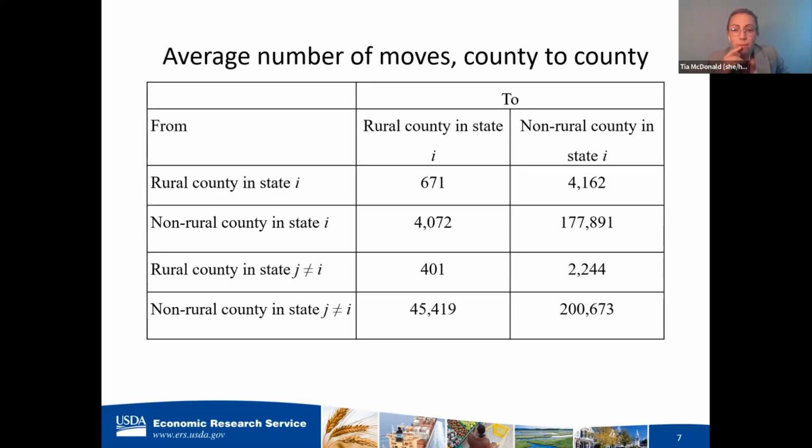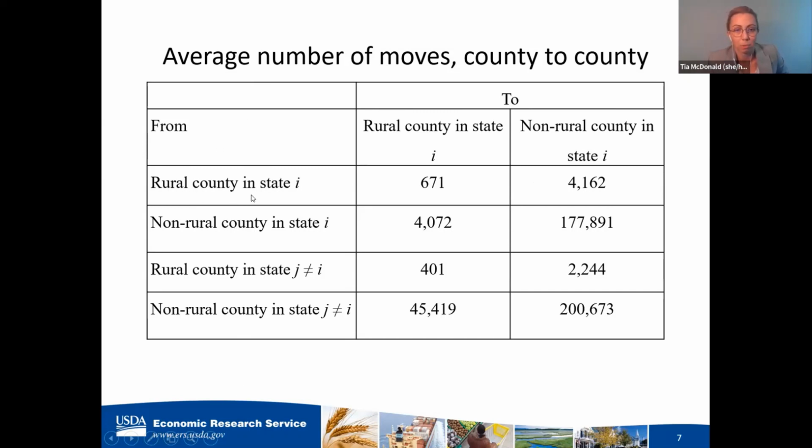Just to give you a sense of the movers in our data set, here are the average moves. On the top, we have the destination, whether they move to a rural county in a state or a non-rural county. And then along the side, we have their origin.